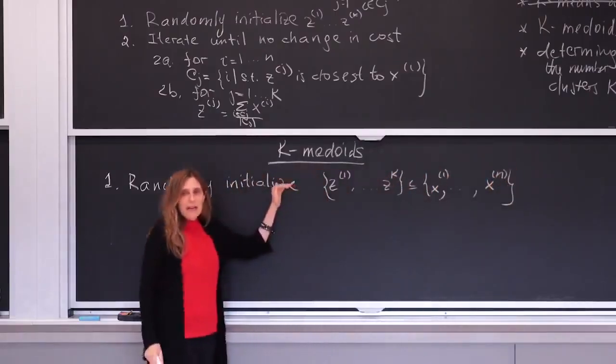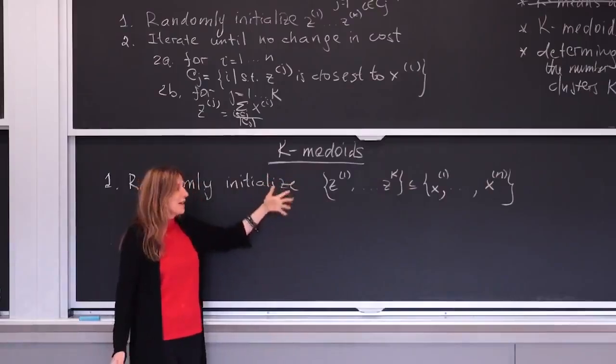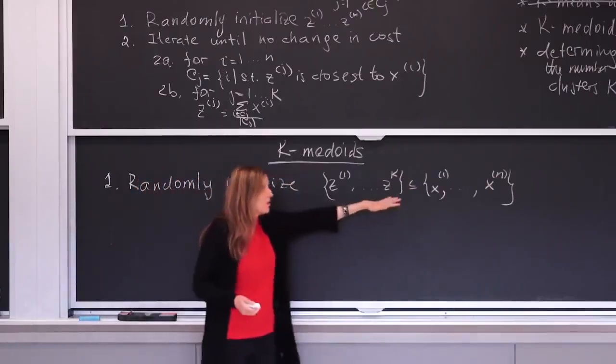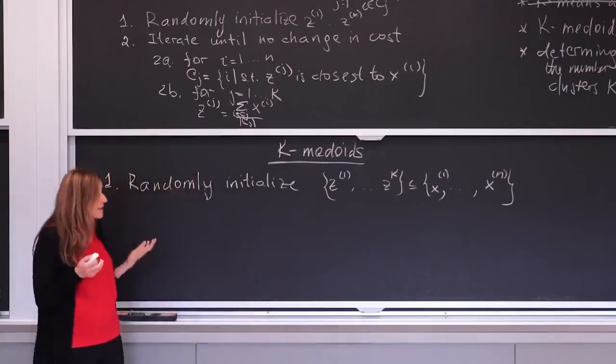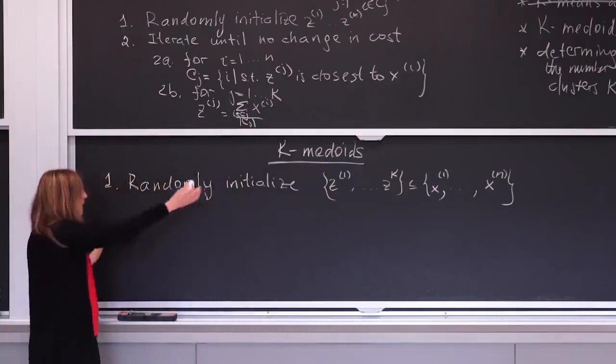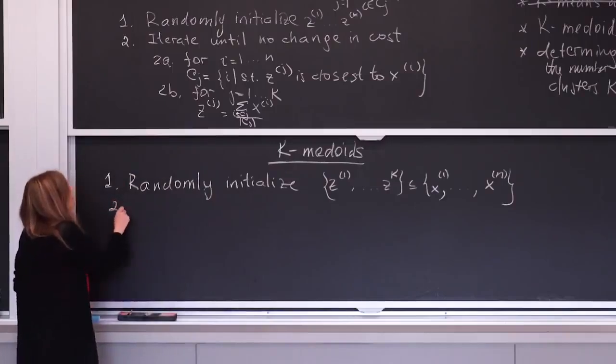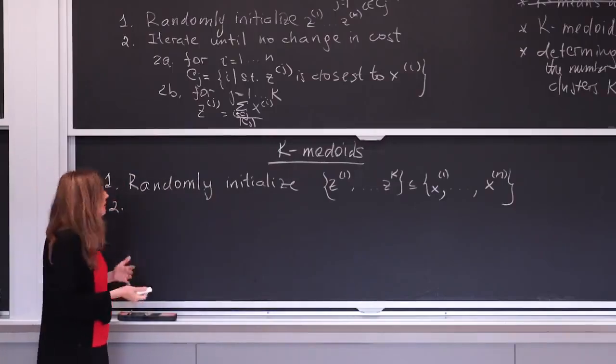So what we wrote down is that they have to be a subset of the original points. Now we have selected our representatives to be part of the original set, and we can continue our iterative procedure.